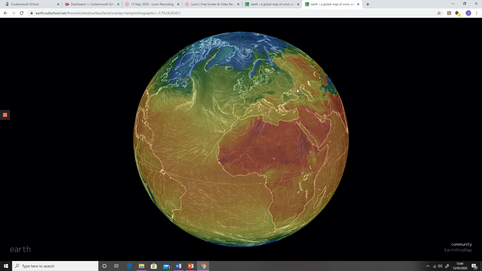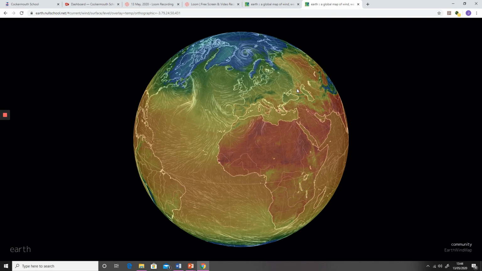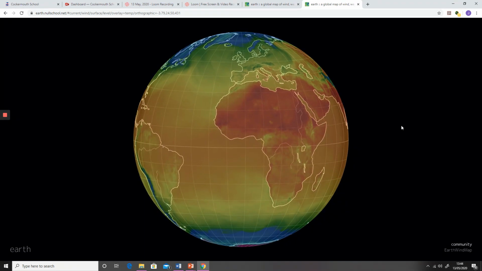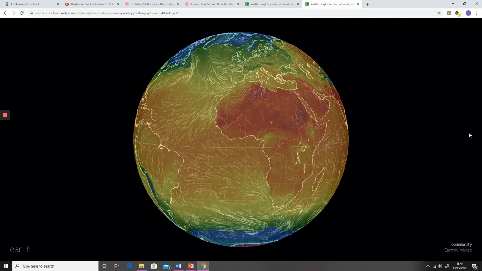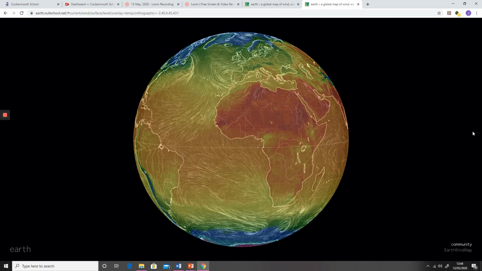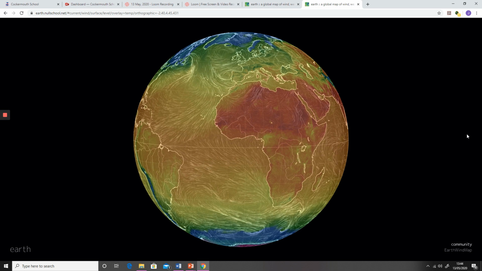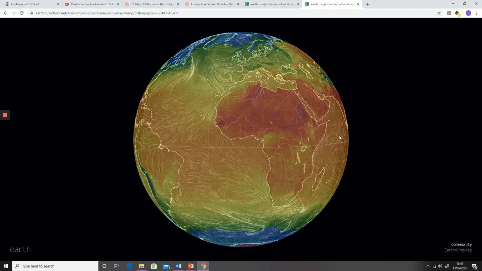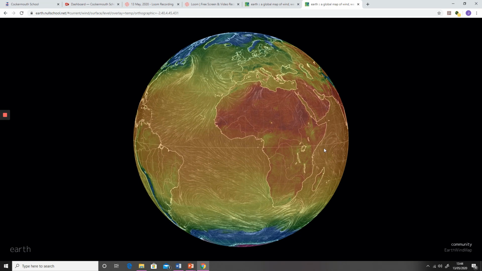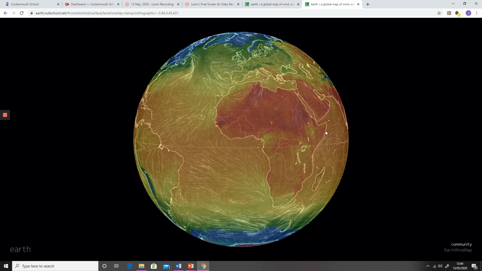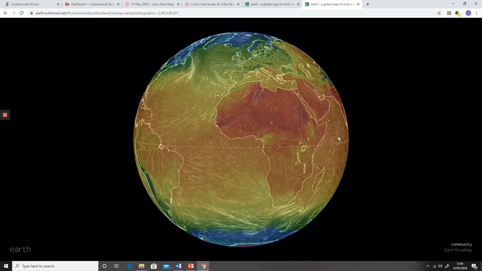Now that's to do with the effect of the sun. If you imagine the sun sitting out here, you've got rays of the sun, all the sun's energy radiating from the sun. That sunlight is more concentrated on the equator because it's directly above.